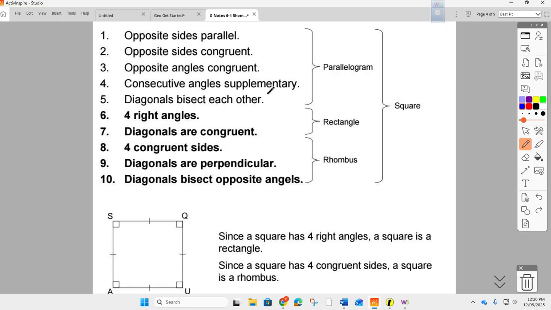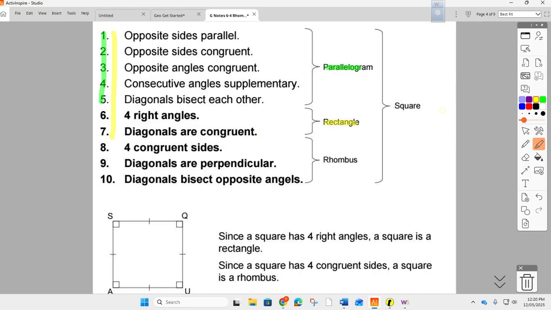This is informational. We can see that a parallelogram has all these properties, right? A rectangle is a parallelogram, so it has all of these properties as well, in addition to these two: four right angles and the diagonals are congruent.